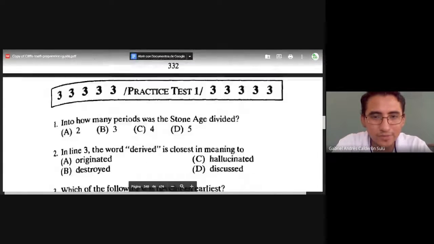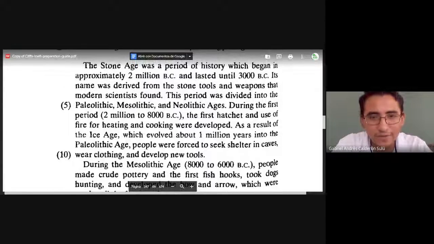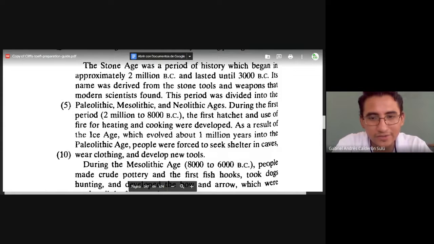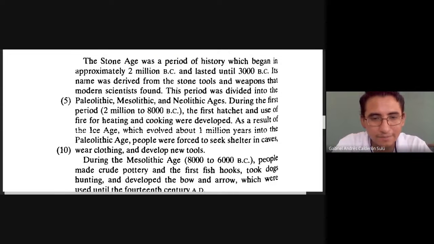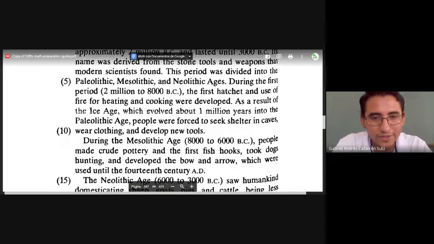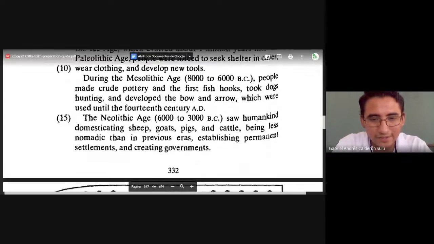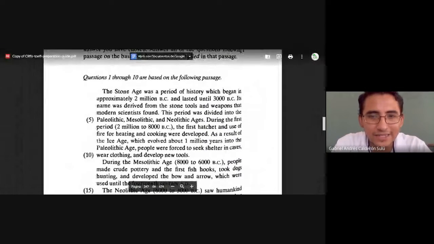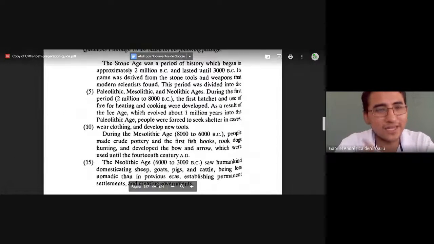So how many periods was the Stone Age? It's talking about the Stone Age. During the first period, the Paleolithic age, during the Mesolithic, and then the Neolithic. So if you see, normally this is a tip for the text.